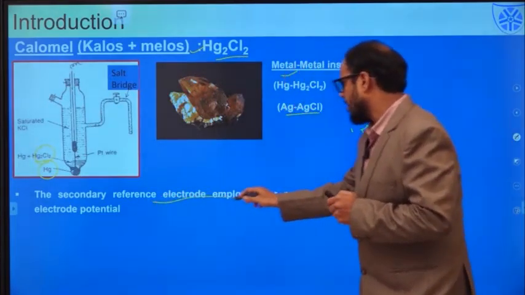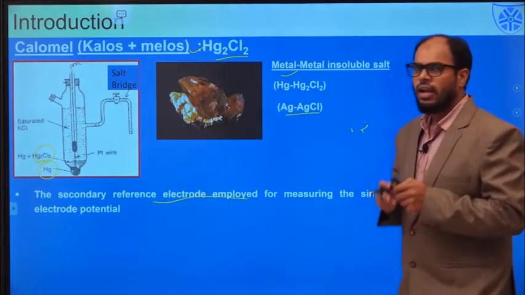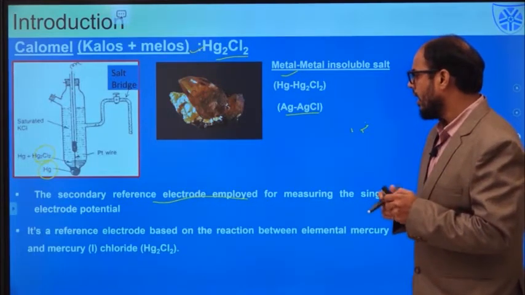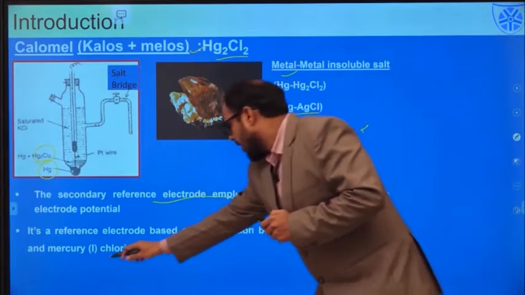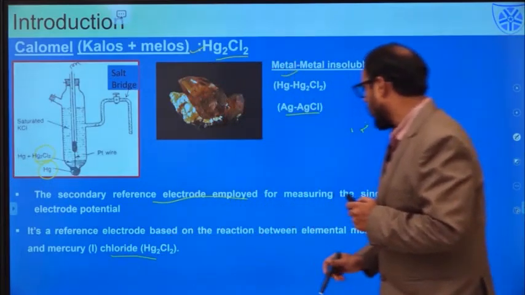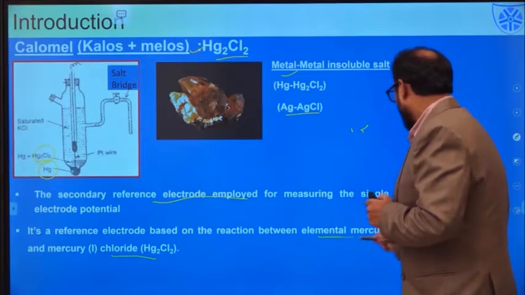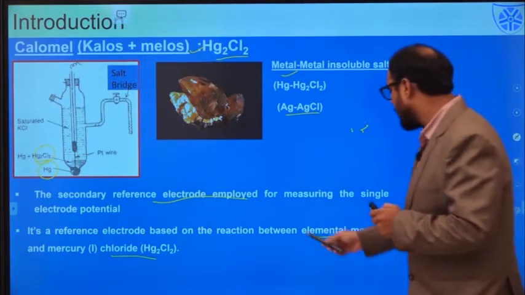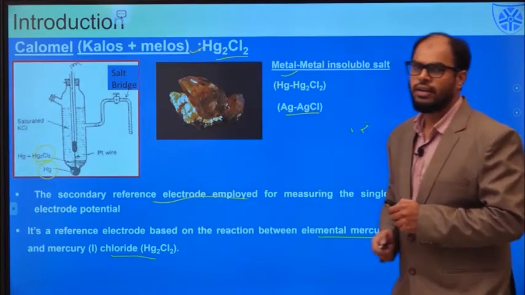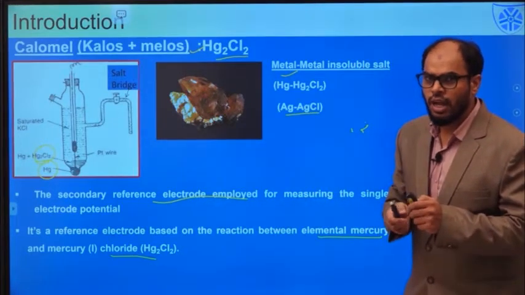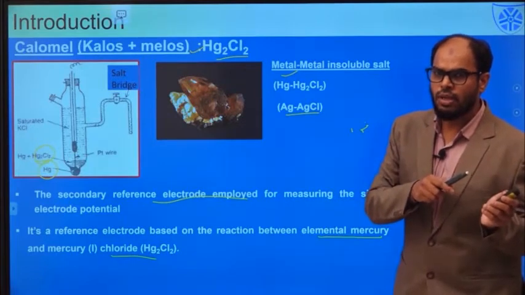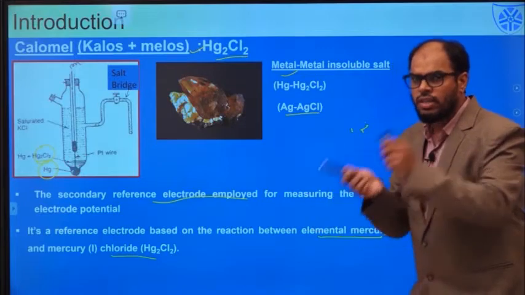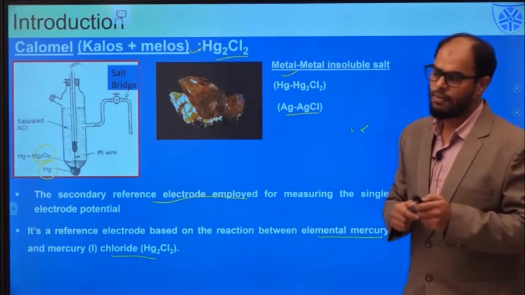This is a secondary reference electrode which is employed for electrode potential measurements. And this reference electrode has mercurous chloride and elemental mercury. This reference electrode is based on the reactions of elemental mercury and mercurous chloride. So we are going to see how this mercury is going to convert to mercurous chloride, and again mercurous chloride is going to convert back to mercury.